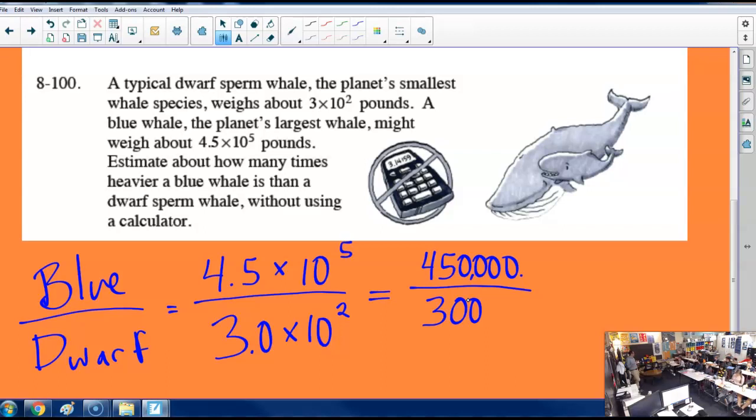Okay, immature eighth or immature seventh graders, get it out. So sperm whale is a type of whale. Dwarf is a species that is part of that. There's even dwarf plants, right? Dwarf is a type of species, so it's the smaller version. Blue whale is just a blue whale. And actually, I think some of them are called great blue whales.